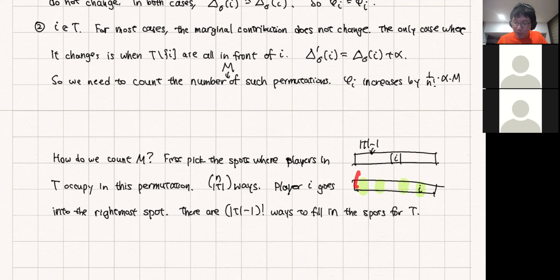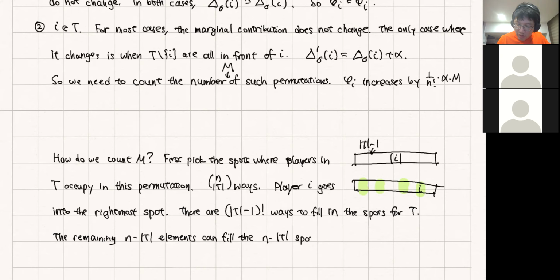But we also have the other spots, these ones, right? These spots have to be filled in with the rest of the players. There are n minus T of those. So the remaining n minus T elements can fill the n minus T spots in, not surprisingly, n minus T factorial ways.